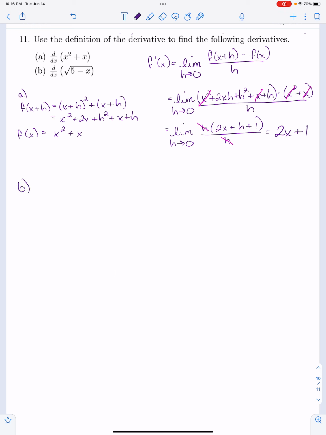Let's take a look at b. I got f of x plus h is the square root of 5 minus x plus h. My f of x is the square root of 5 minus x.